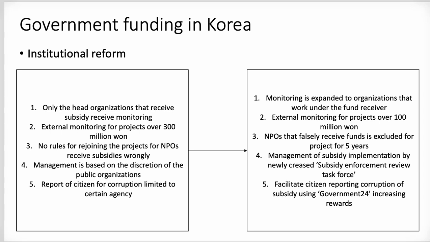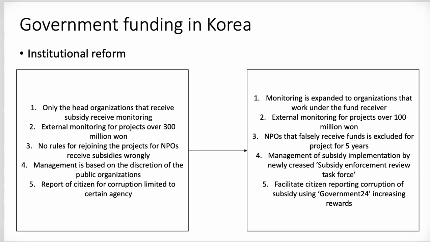And when we look at the reform, first, monitoring is expanded to organizations that work under the head fund receiver. Second, external monitoring is applied to projects over 100 million won. Third, NPOs that falsely receive funds are excluded from projects for 5 years.